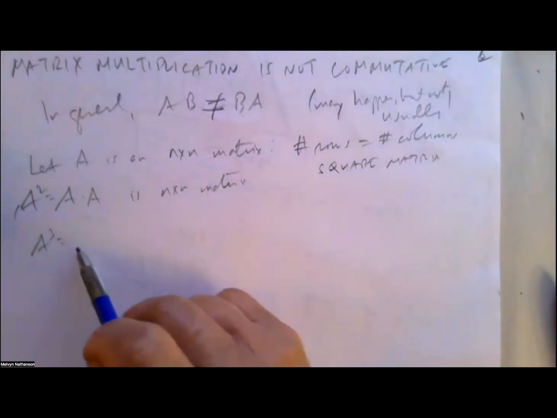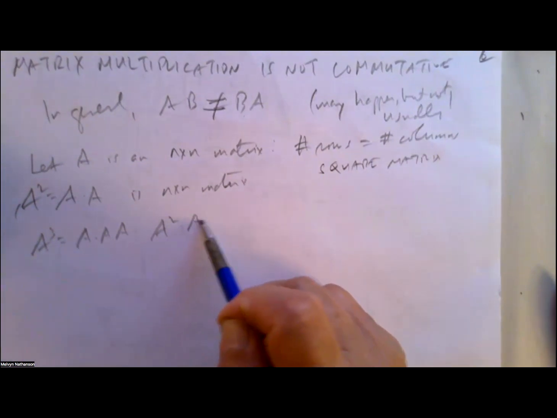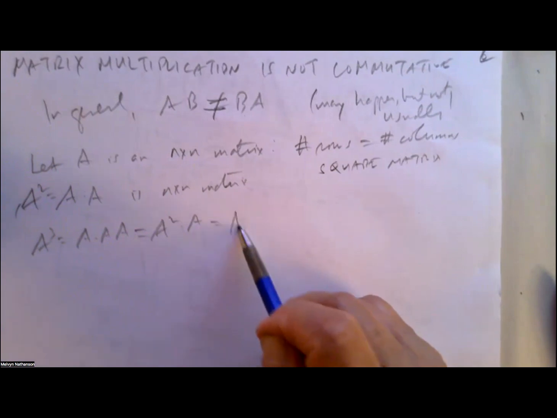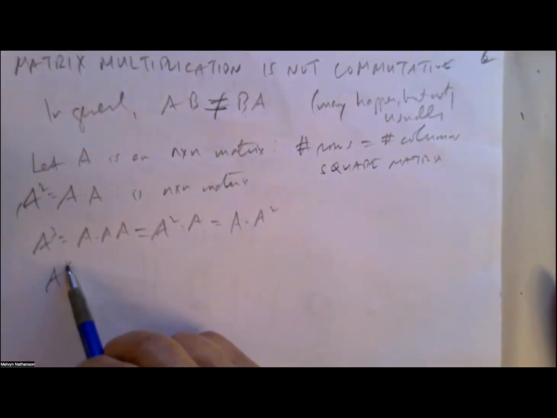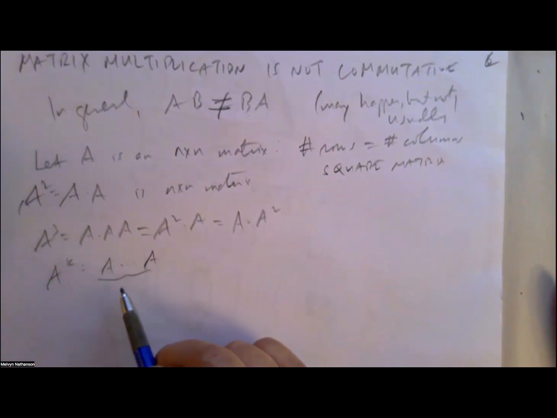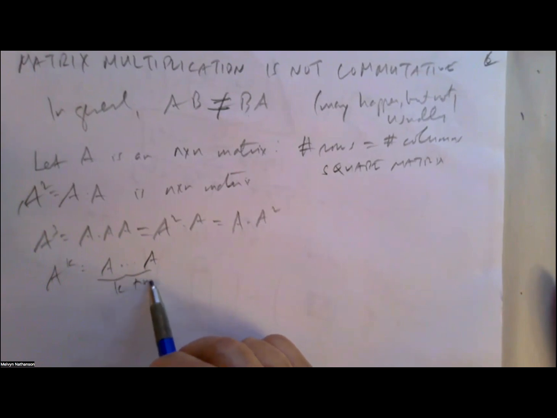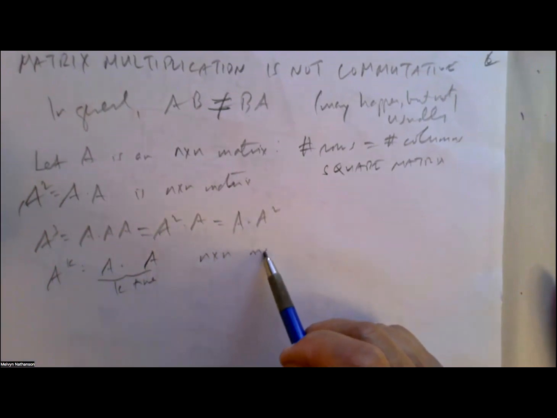And A cubed will be A times A times A, or A squared times A, or A times A squared. And in general, A to the k will be what you get by multiplying A by itself k times. And this is always going to be an n by n matrix.